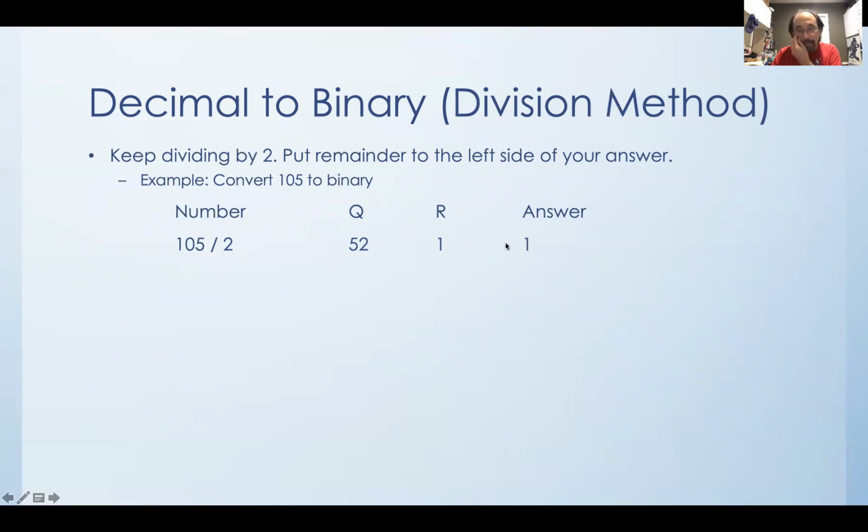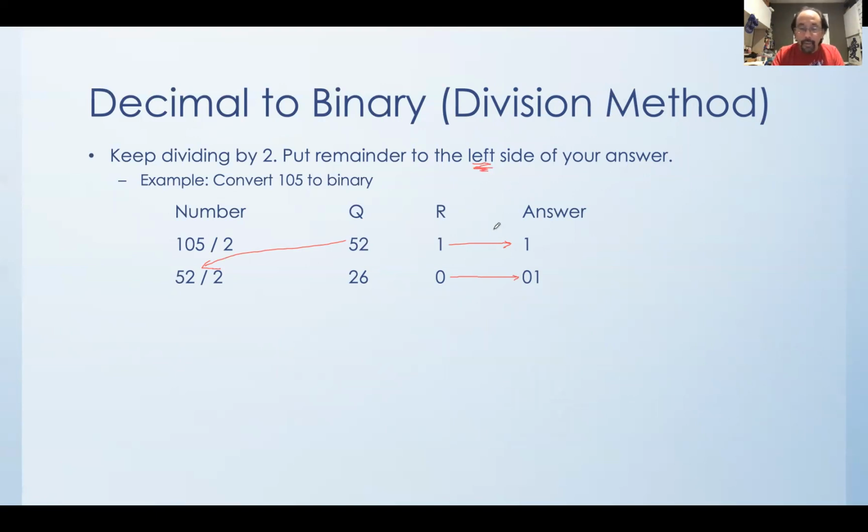This is not my final answer, but it's the answer that it will build up to be. I take the 52, divide that by 2, and I get a remainder of 0. So then I put that 0 onto the left side of my answer.